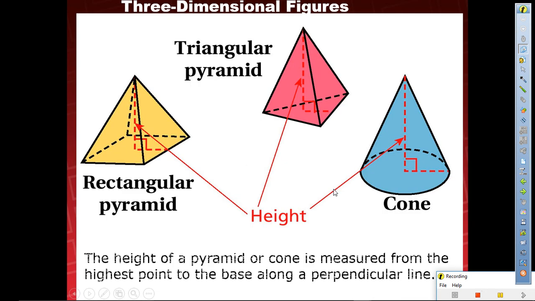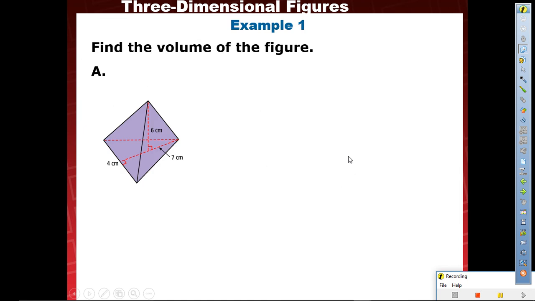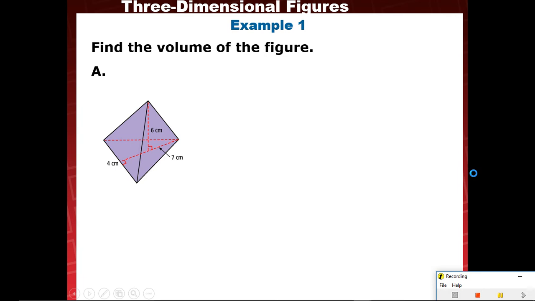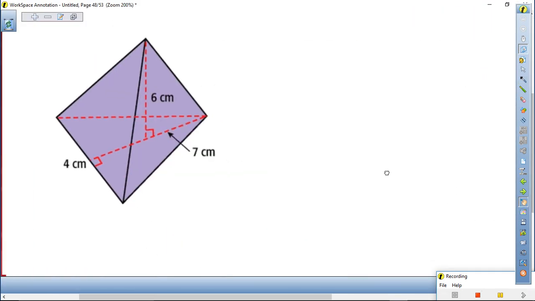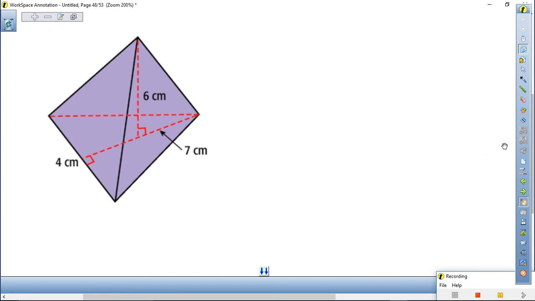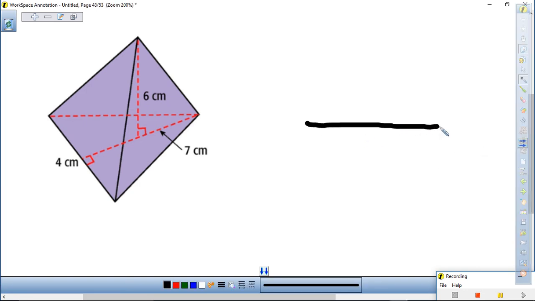Therefore, let's copy this one. Example 1. We're going to find the volume of this one. Before you copy it like this, let's do it by steps. Look up, please. Follow me. Draw a triangle like I'm doing, like this, and like this. Are we there so far? Yes. Okay.